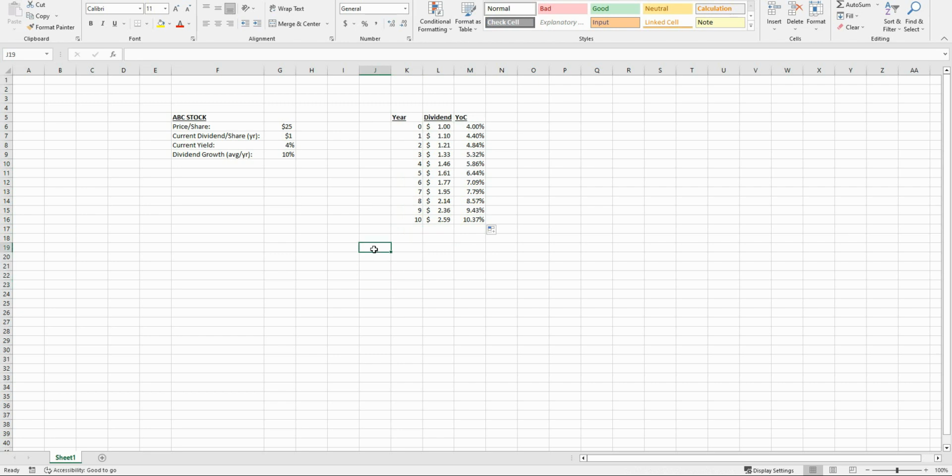So just keep in mind that if you do dollar cost average, it won't really be the same. You'll still have a higher yield on cost over time, but you're still buying at the current date, so your yield on cost won't increase as much. But still, overall, you're going to see an increasing yield on cost over time.